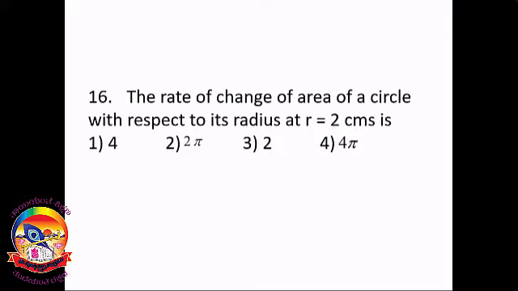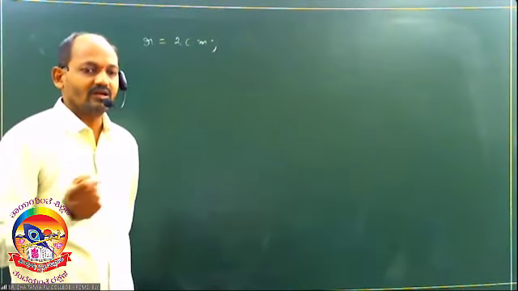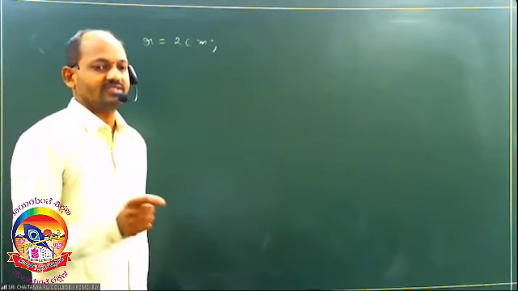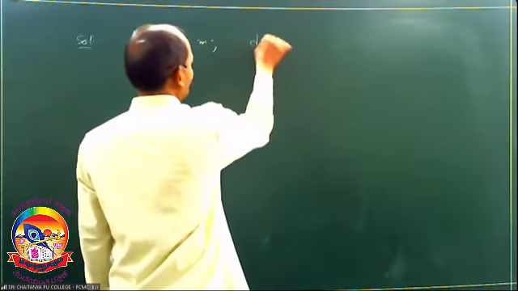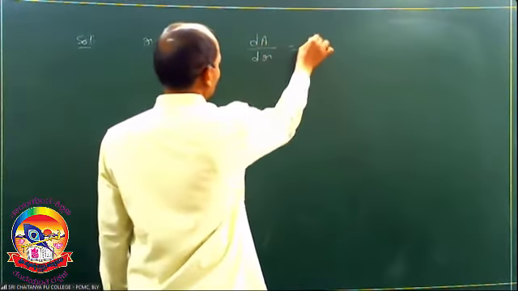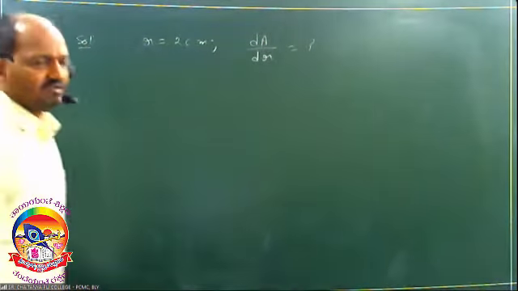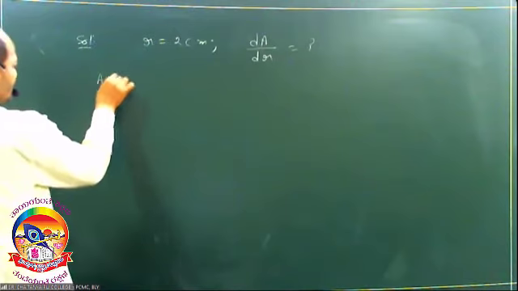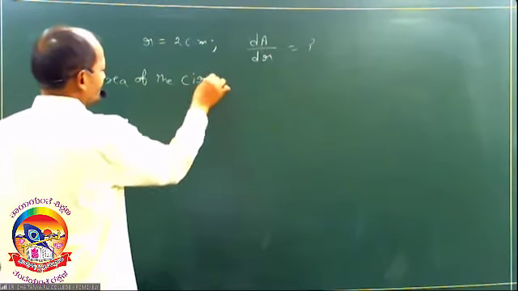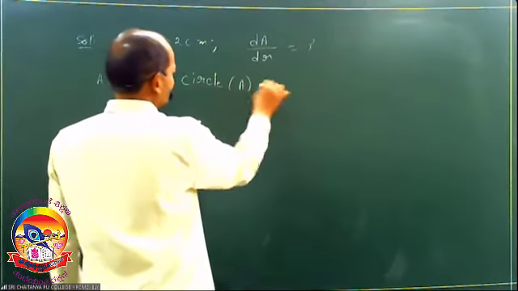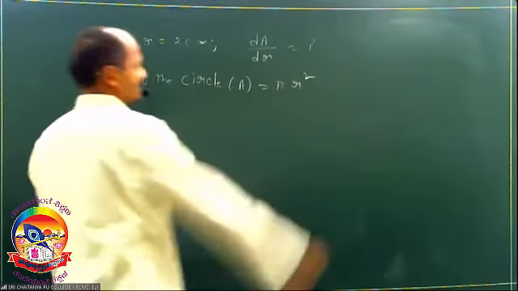Here the given radius is equal to 2 centimeters. Rate of change of area of a circle with respect to its radius. That means we have to find dA by dr. Area of the circle A is equal to pi r square.